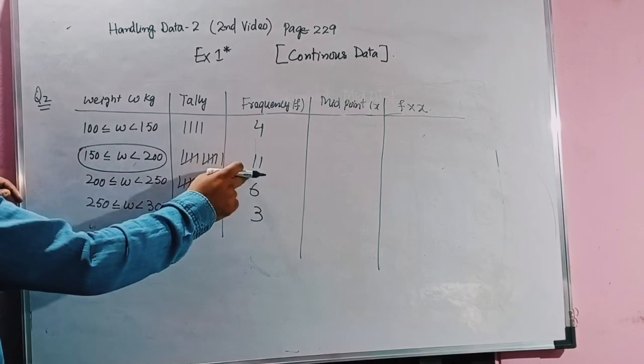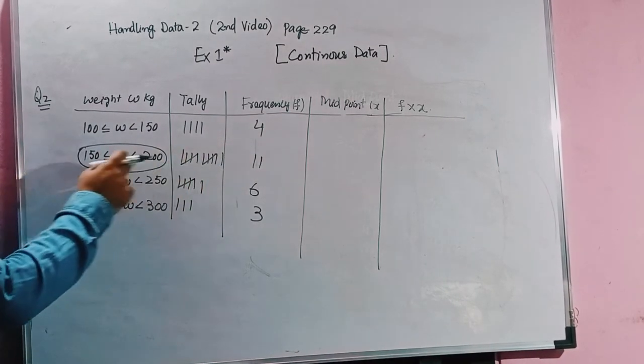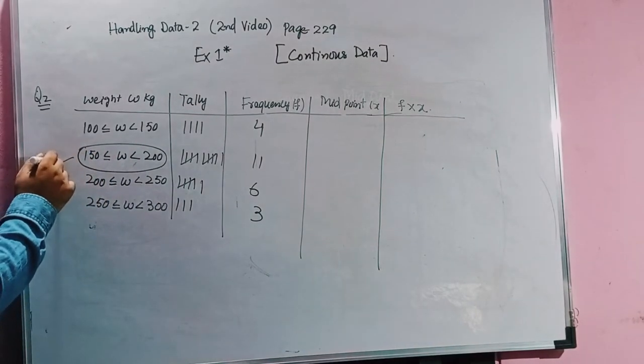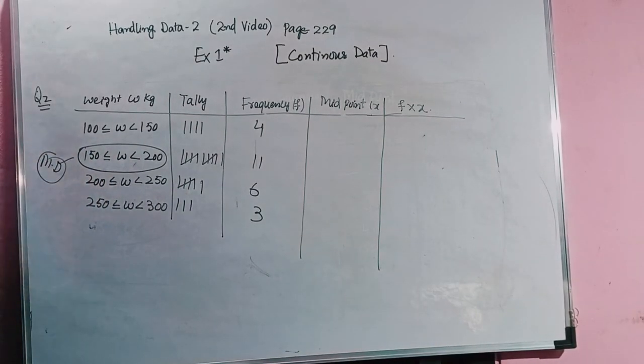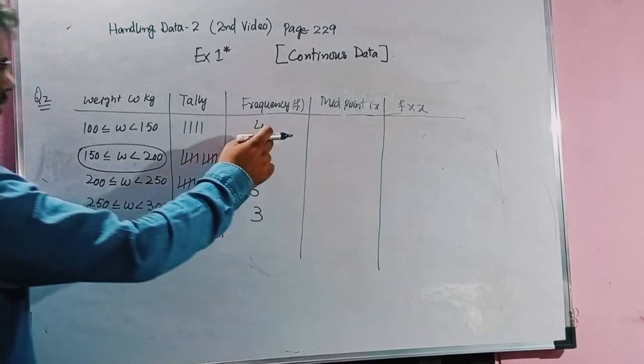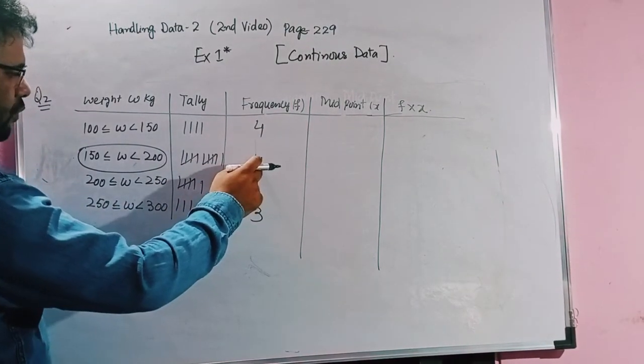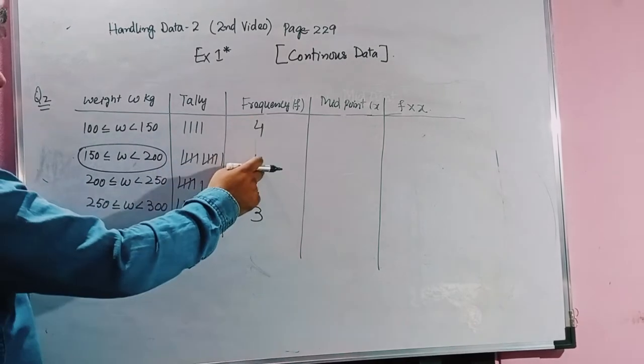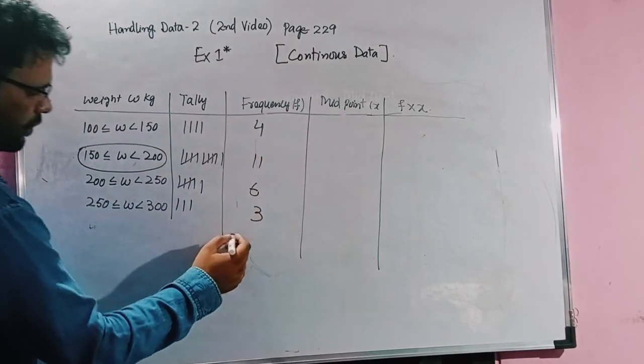The highest frequency is there, the highest number of tally is there. So this is the modal class, the answer of the first question. Now if I want to find the median, how to find it? 4 plus 10 plus 1 is 15, 21, it's 24.